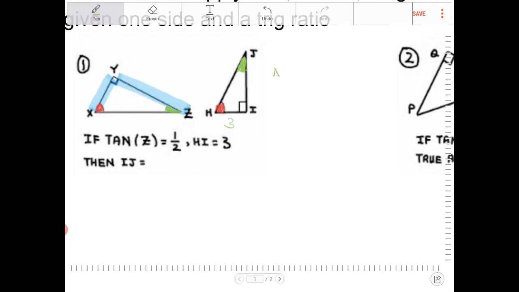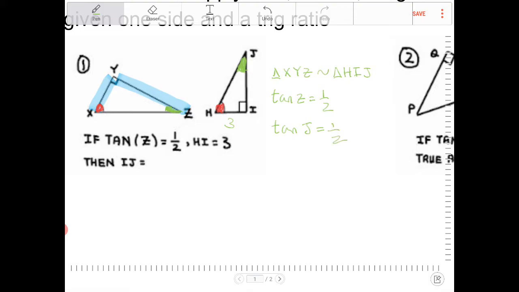Okay, so triangle XYZ is similar to triangle HIJ. And because of this fact, since tangent of z is equal to 1/2, then we can say tangent of j is also equal to 1/2.